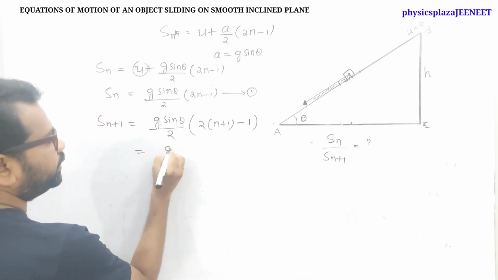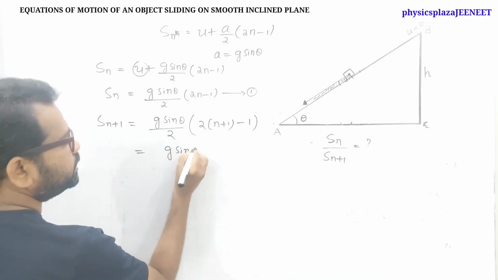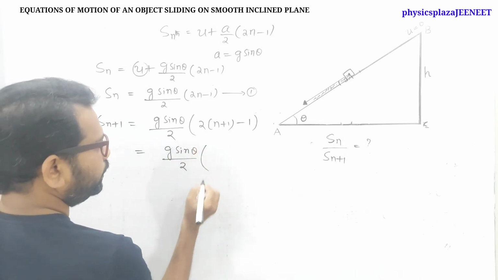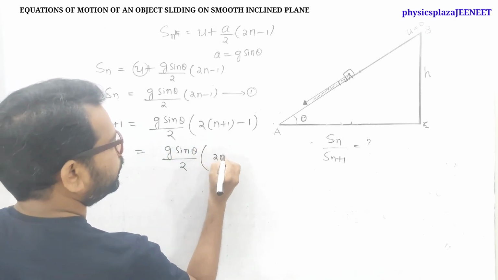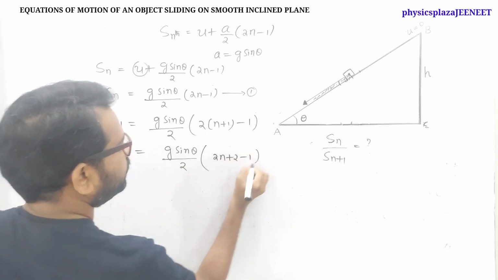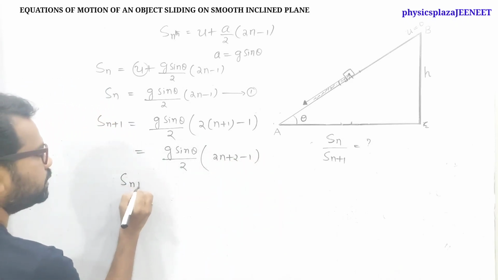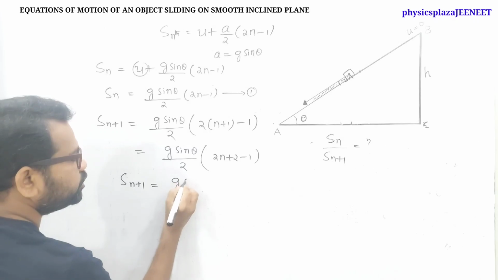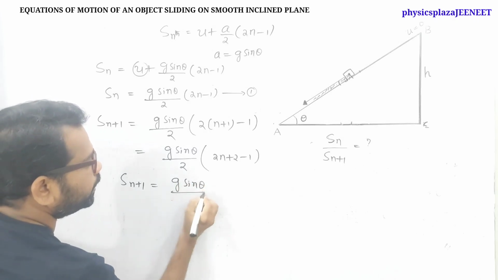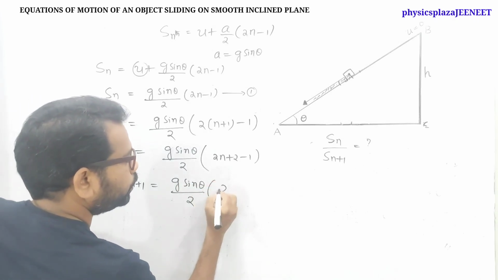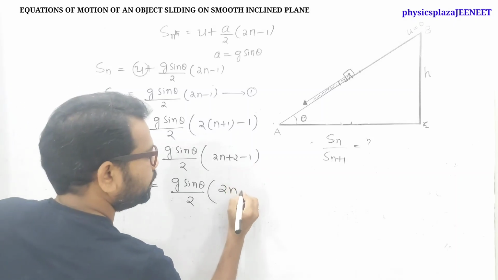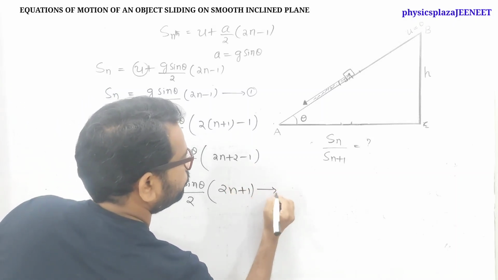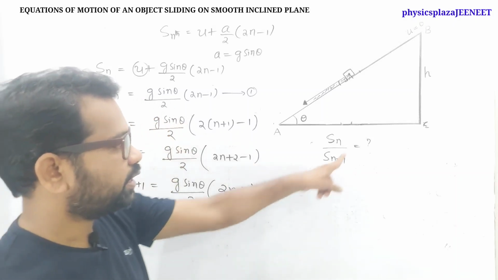We can write it directly because u is 0. So let us simplify this: g sine theta by 2 into 2n plus 2 minus 1. Now Sn plus 1 is equal to g sine theta by 2 into 2n plus 1, since 2n plus 2 minus 1 is 2n plus 1. This is equation 2. Now they are asking us to find the ratio.